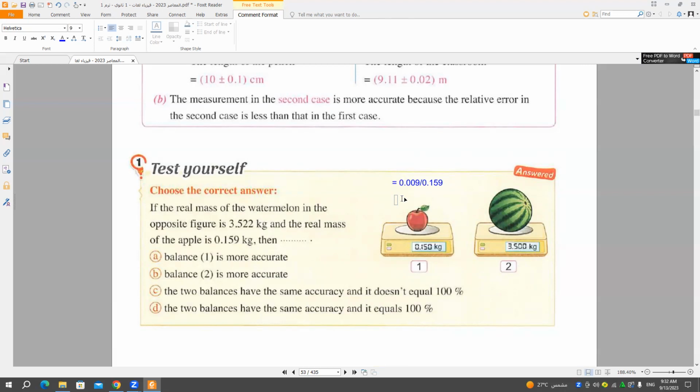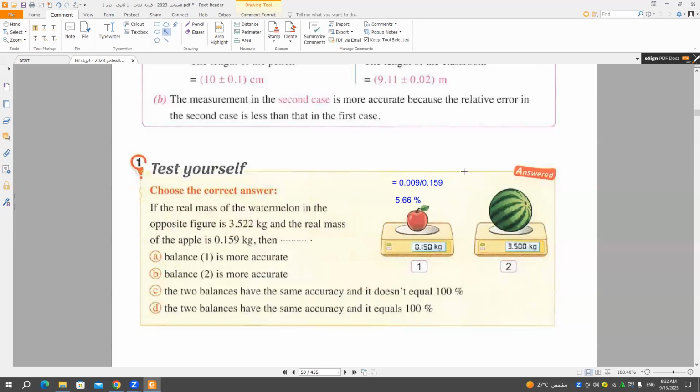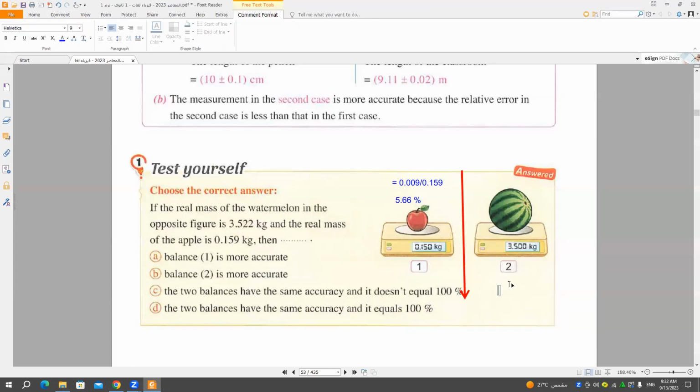This equals 5.66%. This is the relative error of the first case. Now the second case, the watermelon.